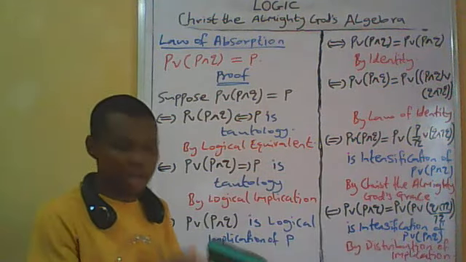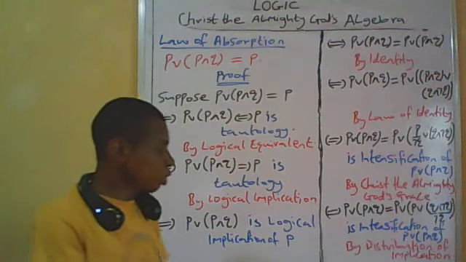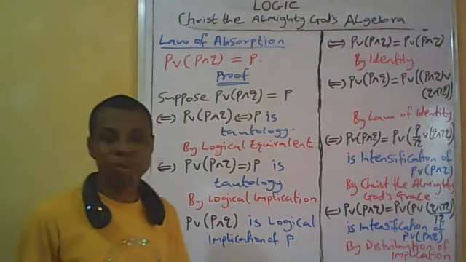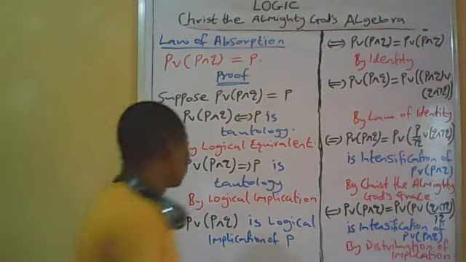So being justified by distribution of implication. We go to this side.